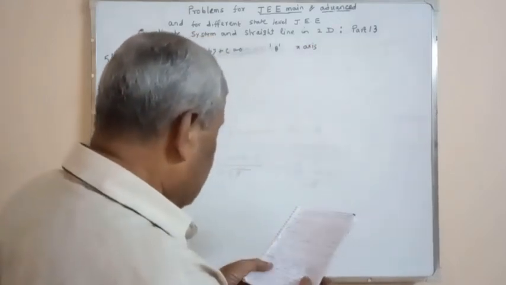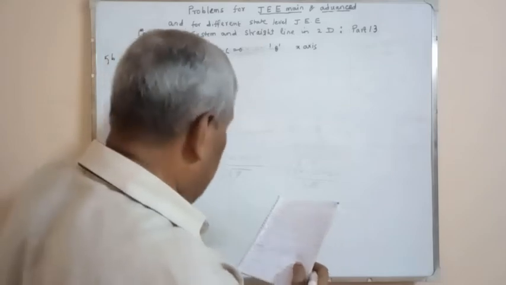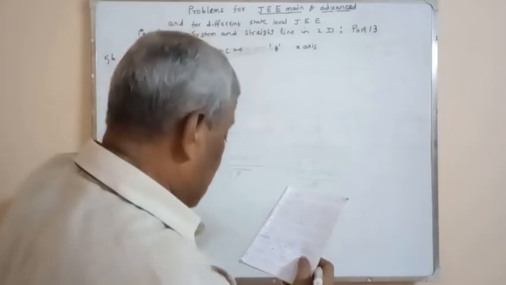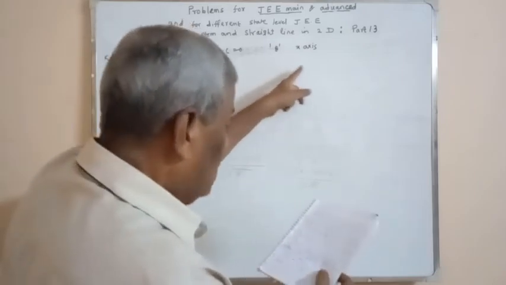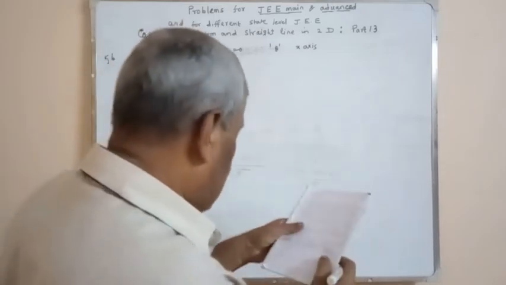Once again, the distance of a point (alpha, beta) from this line measured along a line which makes an angle theta with x-axis is, options.